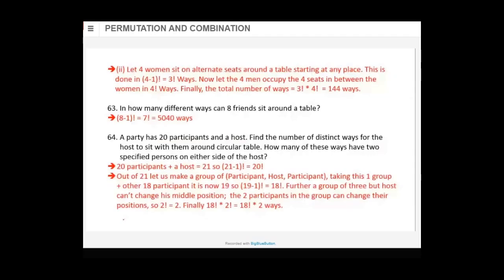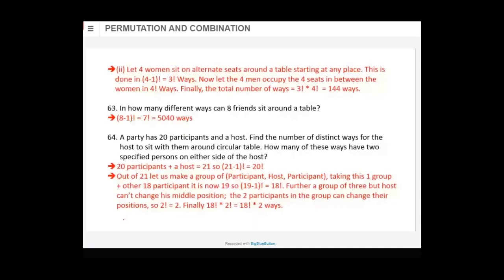See this. Out of 21, let us make a group of participant, host, participant. You may call them participant 1, host, participant 2. Take this one group plus other 18 participants, so it is now 19. So 19 minus 1 factorial, which is 18 factorial.